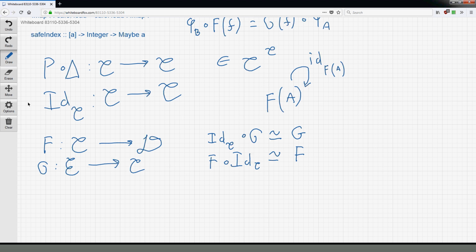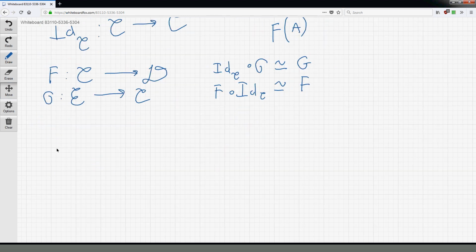But let's get back to talking about this guy. So this maps an object in C to its diagonal product. So it maps X to the product of X with itself. Now, there is, in fact, a natural transformation from the identity functor. We're going to call this natural transformation small delta for the diagonal morphism, right?